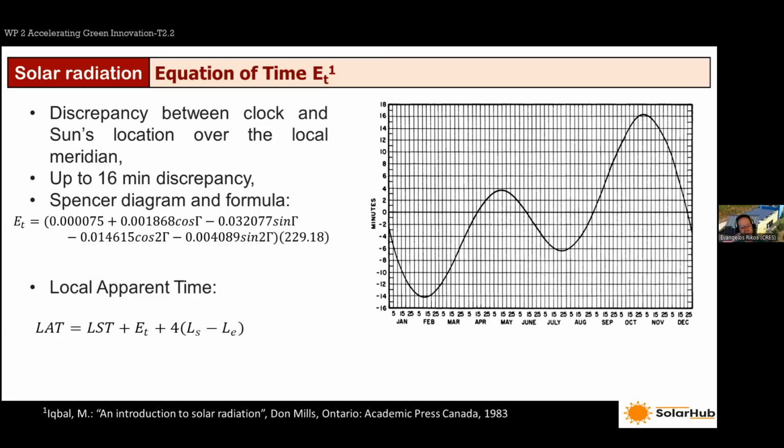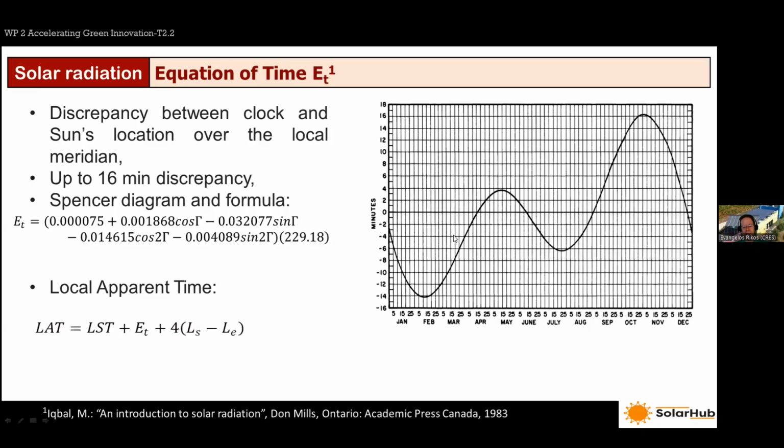But this does not mean that if we assume that right now is, let's say, 20 minutes past 10, the location of the sun corresponds to this exact time above us right now. As a matter of fact, there is some discrepancy which varies over time, and it follows a sinusoidal or a composite sinusoidal function.